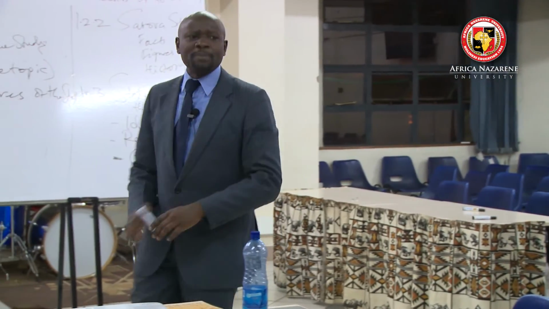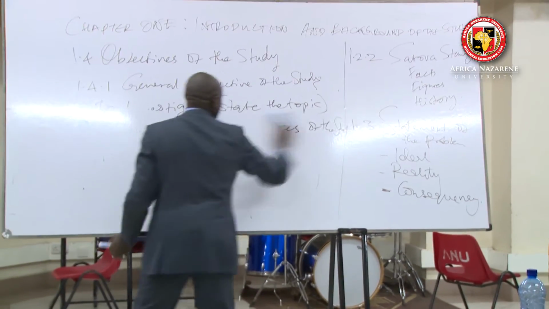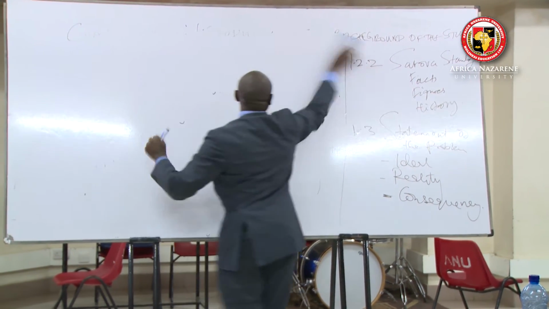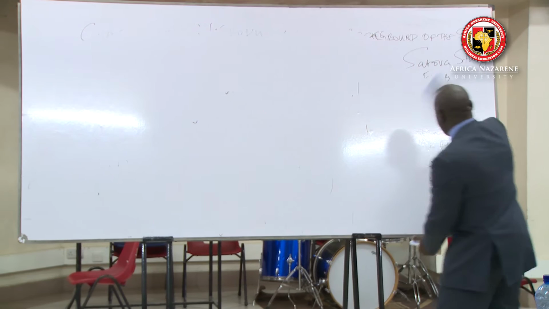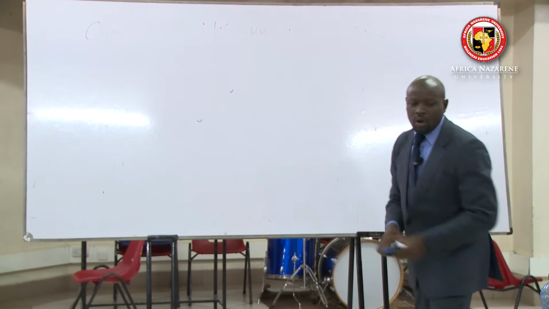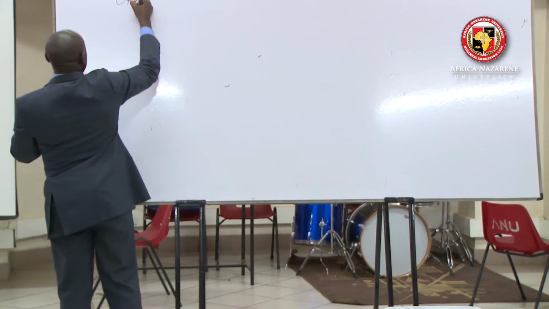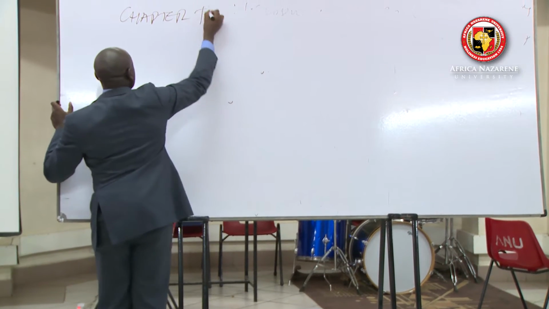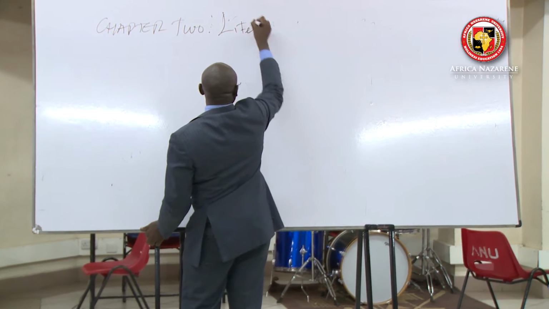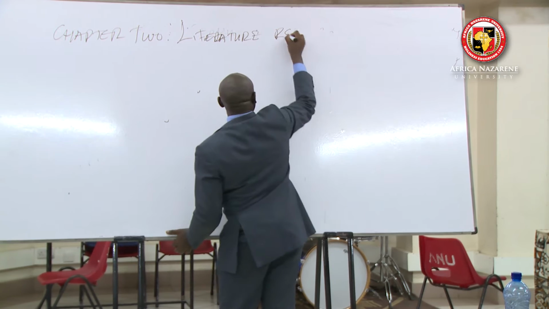Now I'm going to chapter 2, literature review, and I will stop at chapter 3. And now I'm moving faster, so if you're not careful, you may be left behind. So under chapter 2, we have chapter 2, literature review.